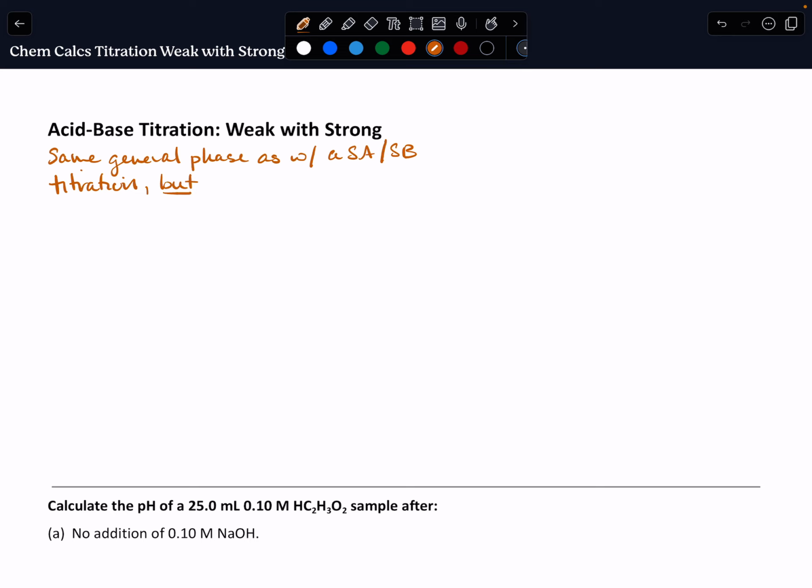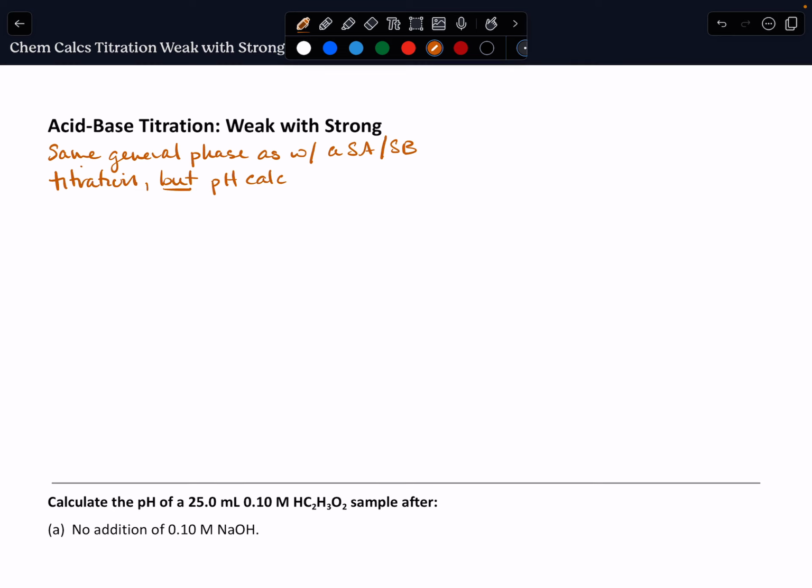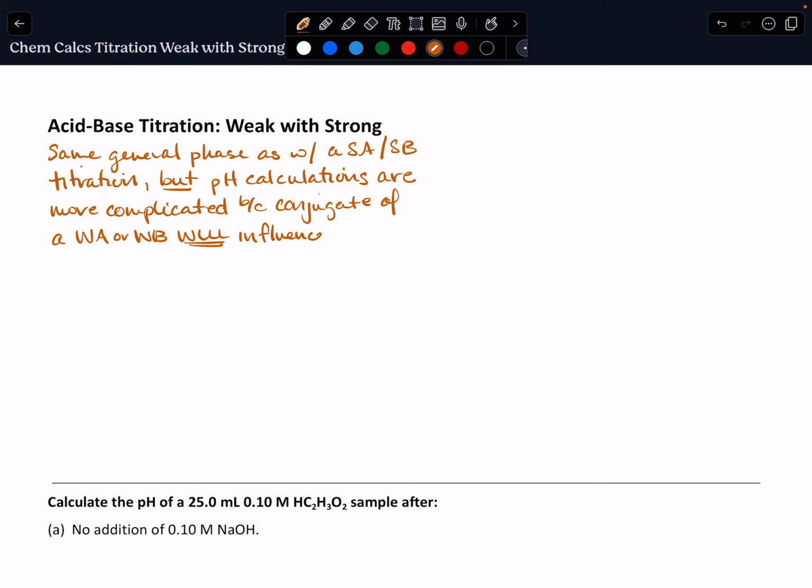But pH calculations are going to be more complicated because the conjugate of a weak acid or weak base will influence pH. So you'll see the phases are going to be the same, but the calculations are going to be a little bit more complicated.